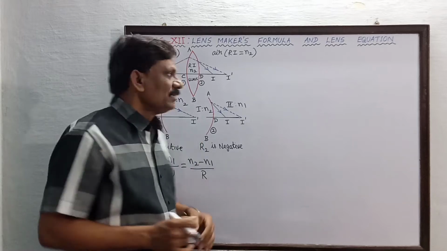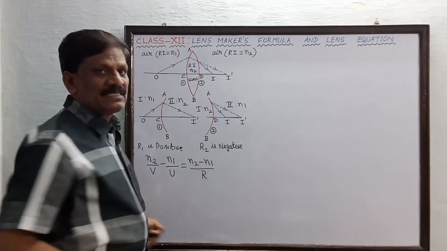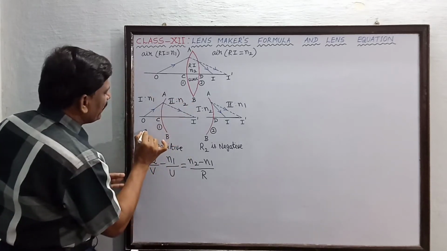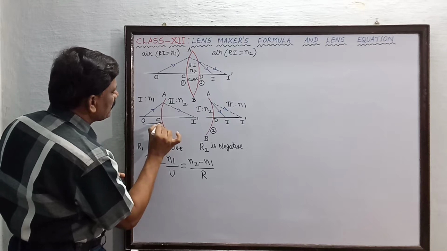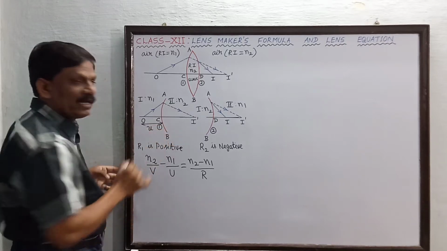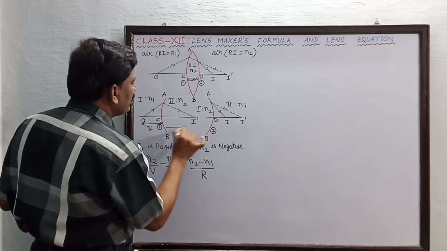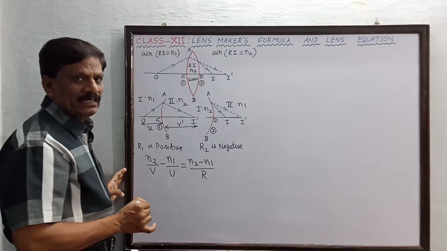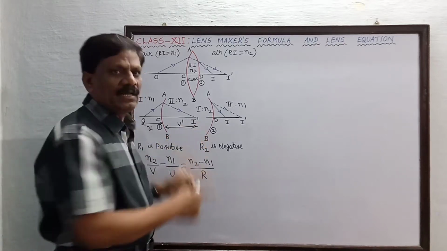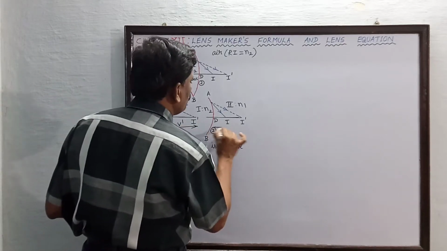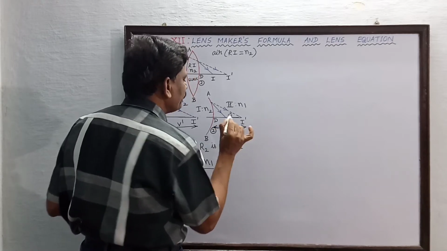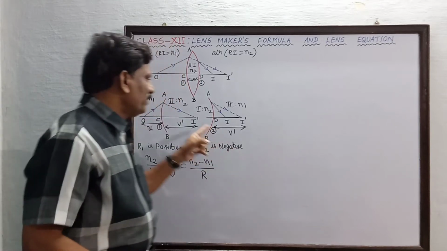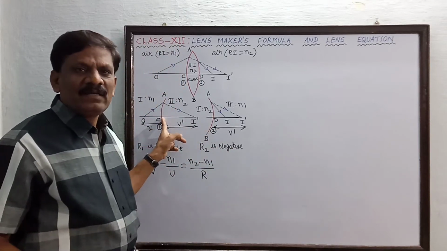Why? Because in these two steps, the distances are different. For example, this distance OC is the object distance, small u, and the image formed is I dash, so this distance is taken as V dash. But this V dash is also the object distance for the second refraction. In the first picture, V dash is the distance between the image I dash and the pole.